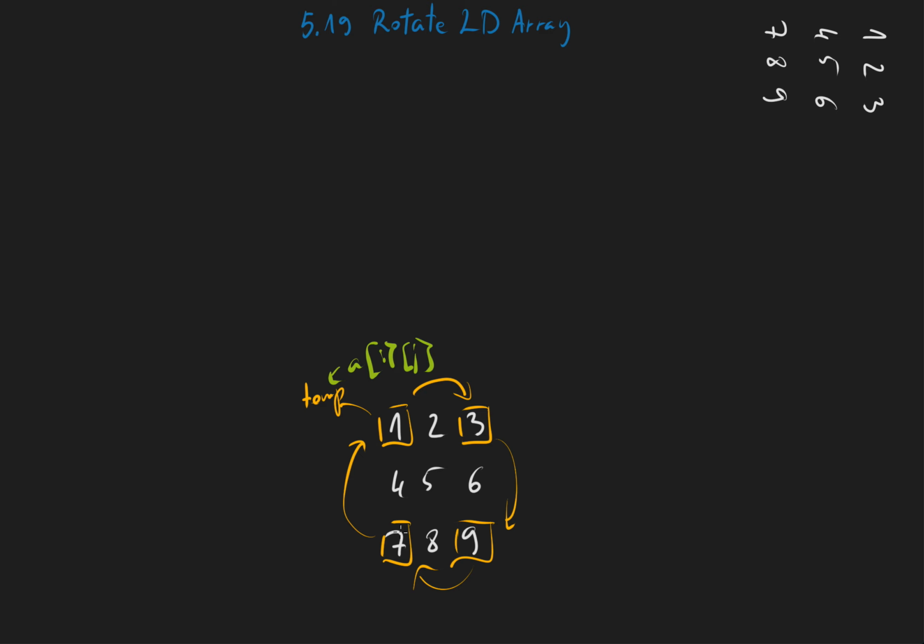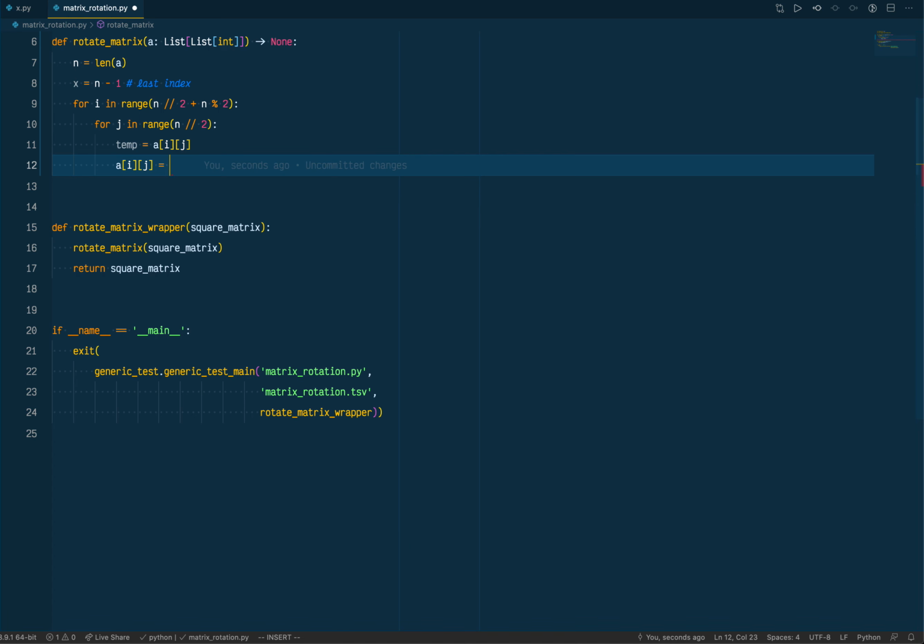Now we need to look at this cell. So we have A, and it starts with the last row and goes upward. So it's last index minus j. And for the column, it's i, right? Because it just goes upward. So the rows change in the inner loop, that's why we need to use j. And for i, the column is 0 for the first iteration, right? So it's x minus j and i.